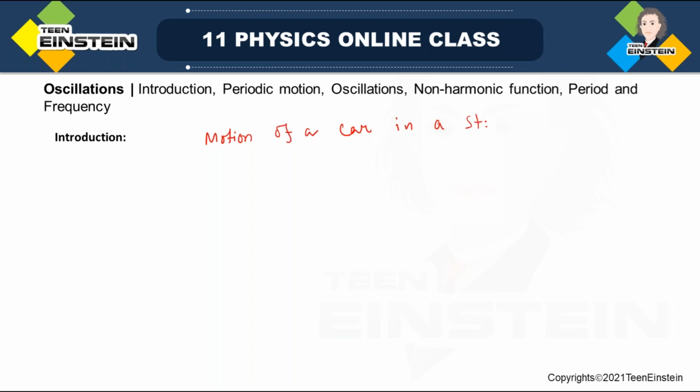I'm abbreviating straight line as ST line. So this is one type of motion, rectilinear motion, which we have already learned.